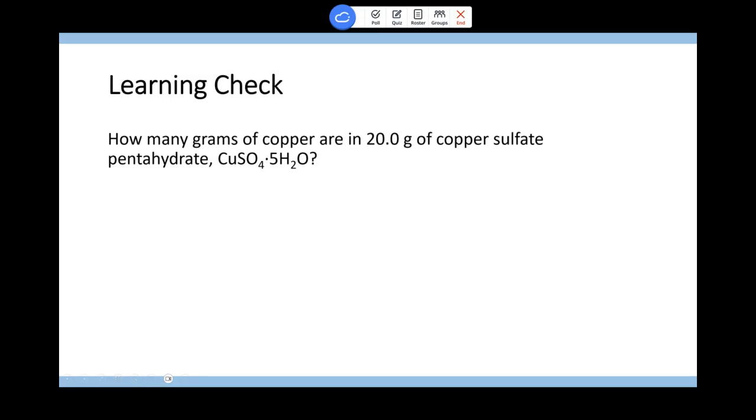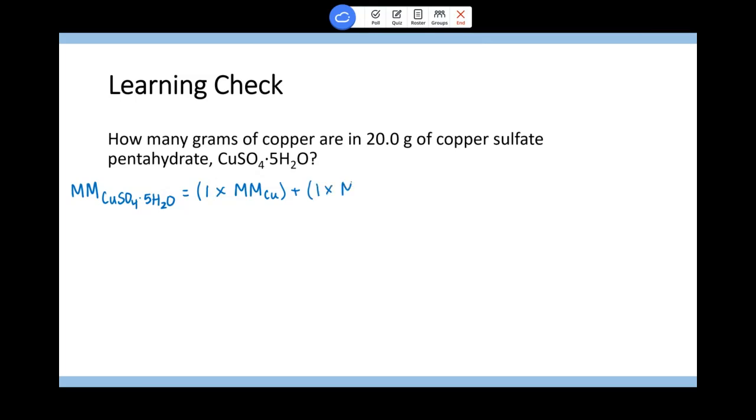So if we have copper sulfate pentahydrate, and we want to find the mass percent of copper in copper sulfate pentahydrate, we use the molar mass of the full compound and the molar mass of copper. So we have to calculate first the molar mass of the compound. We have one copper atom, so 1 times the molar mass of copper.